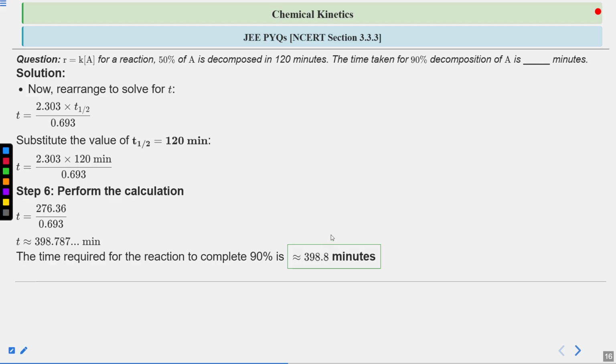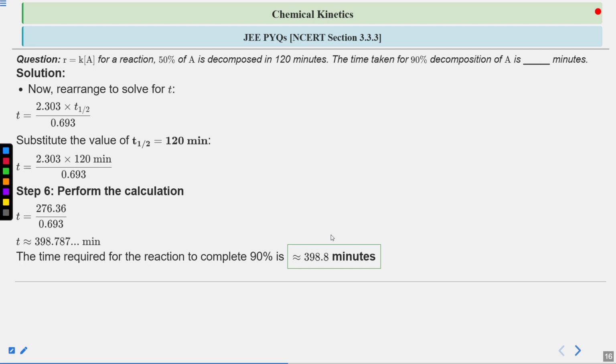So what we did in this question is we simply used the given half-life. First of all, you should know that the given quantity is the half-life for the reactant A. You should know the order of the reaction to apply the correct formulas for the rate constant and the half-life.